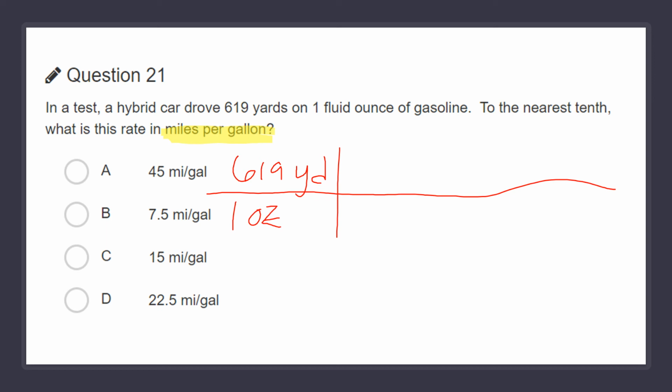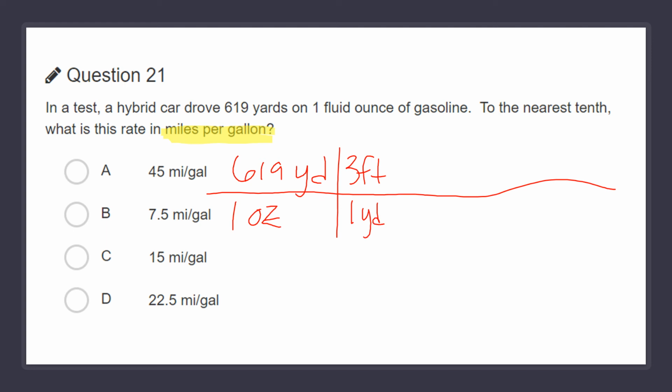So for me to get to miles, I know how many feet are in a mile. We just did that one in the previous problem. So I'm actually going to take yards and turn it to feet and then go feet to miles. And then we'll worry about getting ounces to gallons in just a second. So I know that there are 3 feet in 1 yard.